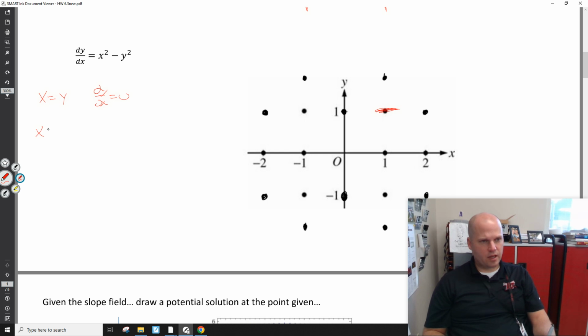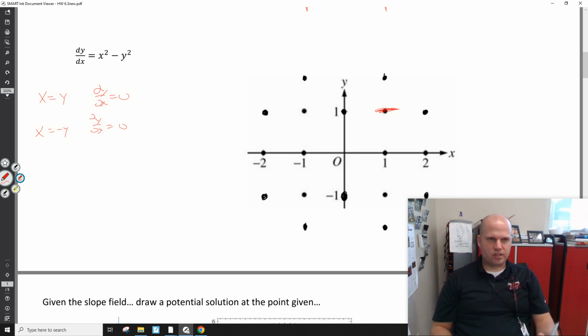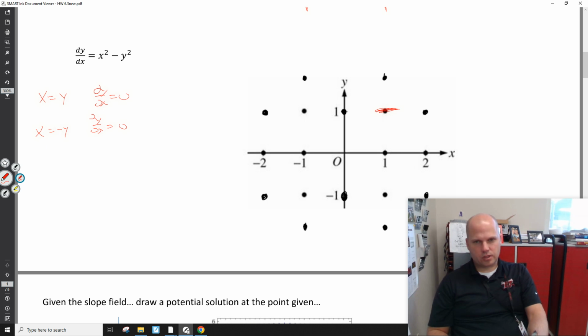Also, if x and y are opposites of each other, the slope is going to be 0, because you're just going to be subtracting the same number when you're opposites. So all the 1, 1s will have a slope of 0. All right. Any other easy ones? 0, 0, the slope is 0. Cool.